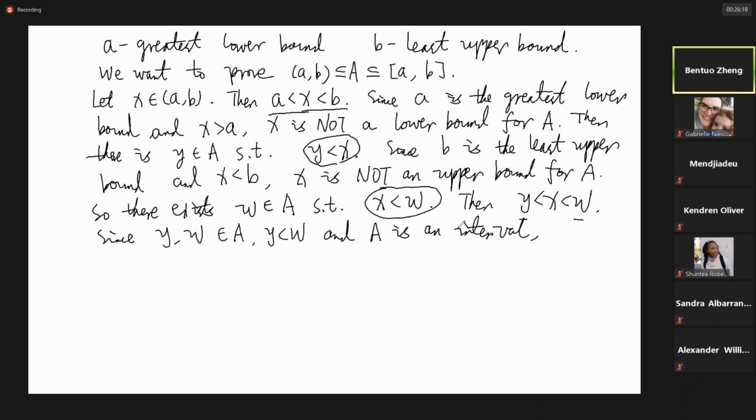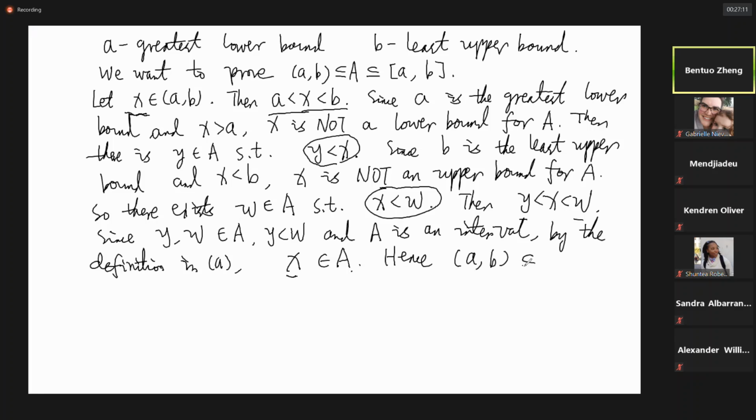Remember, in the definition of an interval, we said that A is an interval if for any two numbers in A with one number less than the other, any real number between these two numbers must be contained in A. So by the definition, we know that x belongs to A. So this tells you that we take any number x in the open interval (a, b), and we show that this number x is in A. Hence, we can claim (a, b) is contained in A.